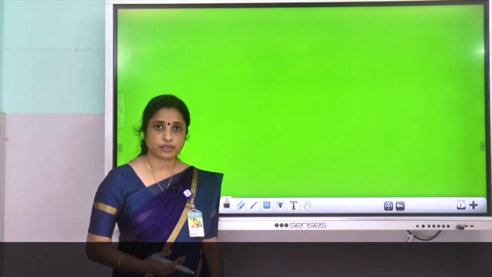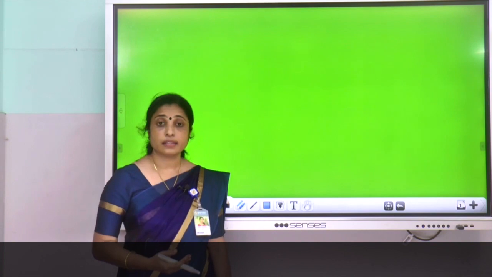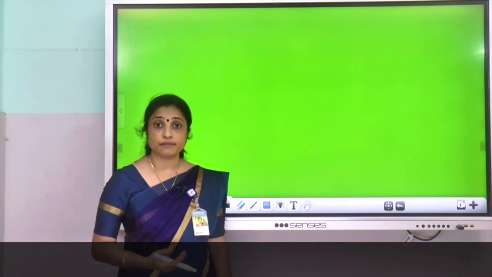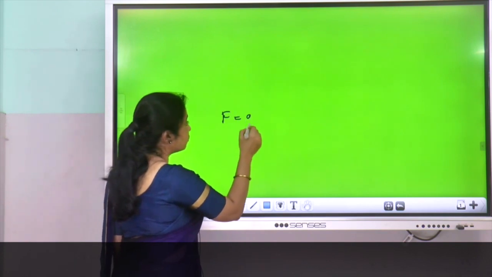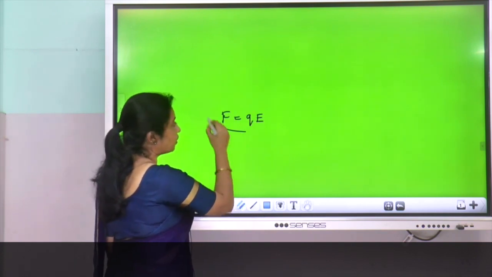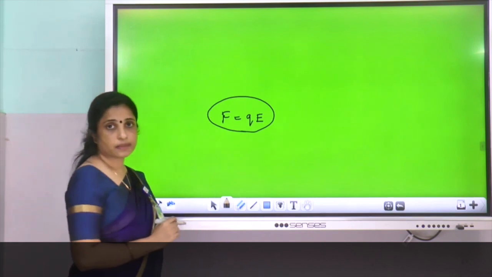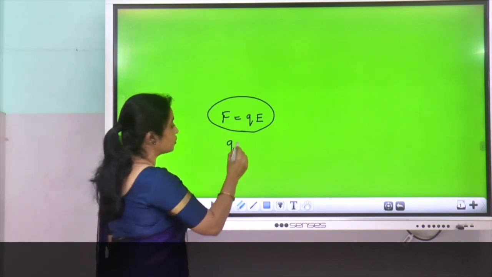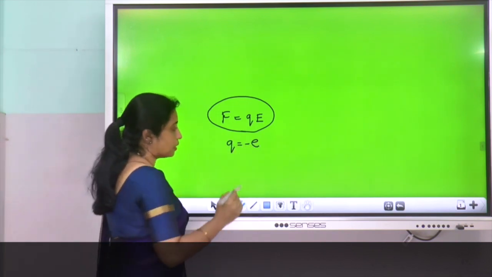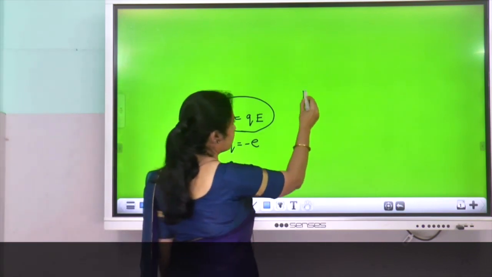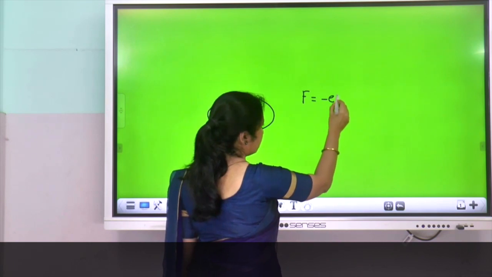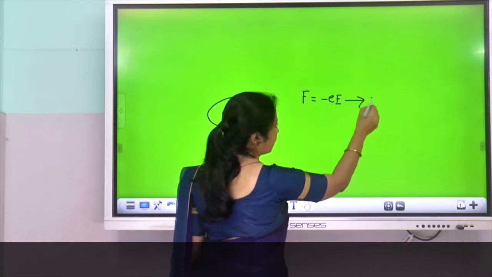Under the influence of an electric field, these free electrons experience a force which is given by F is equal to QE, which you have learned in your first chapter. But here Q is equal to minus e because the charge is an electron. So you can write F is equal to minus eE. Let me mark this as equation 1.